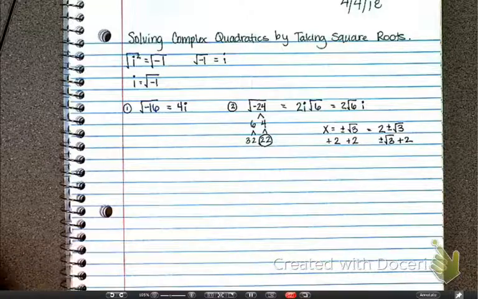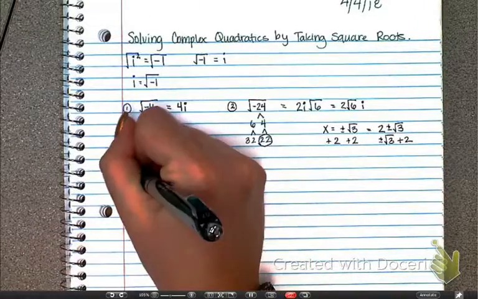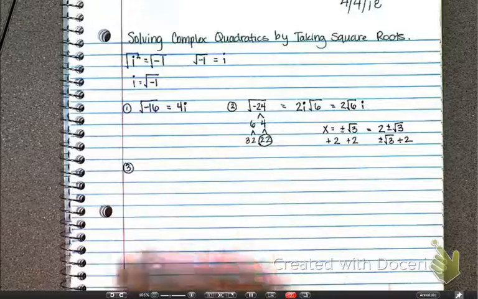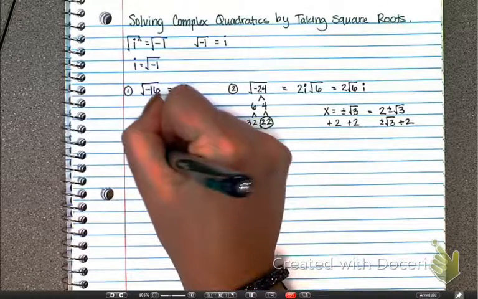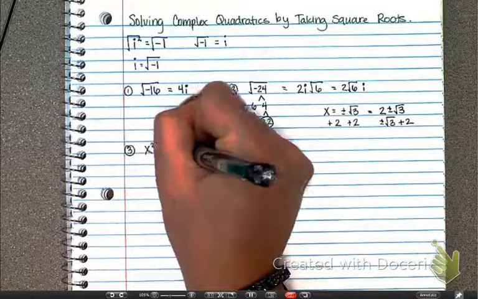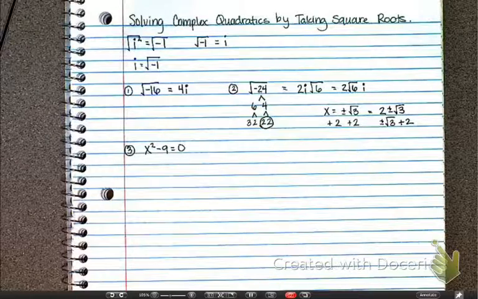All right. Because we've had spring break, let's remember how to take square roots. Okay, so let's do this together. We should know this. You just took a test on it.